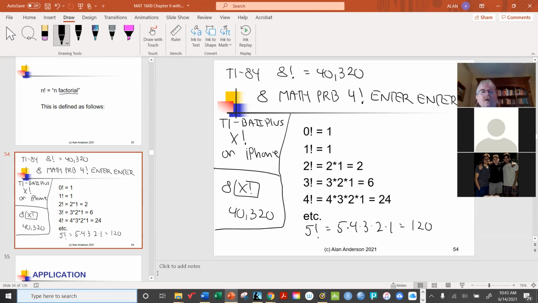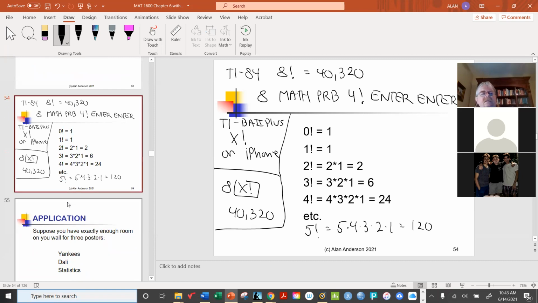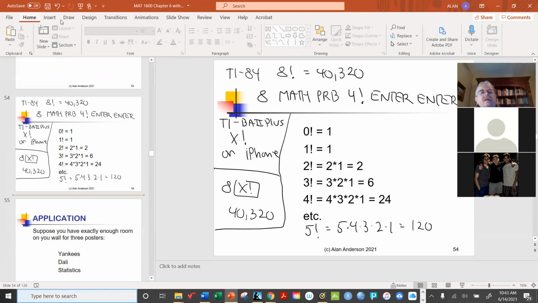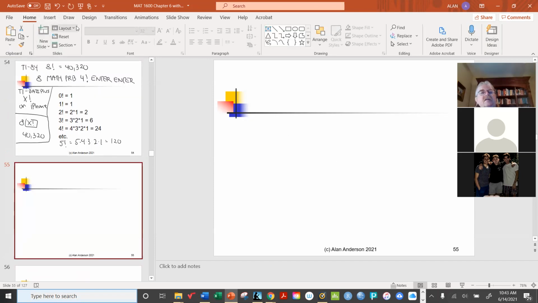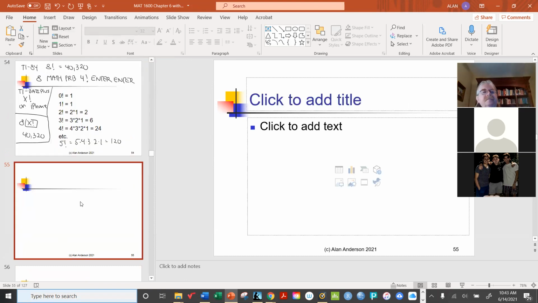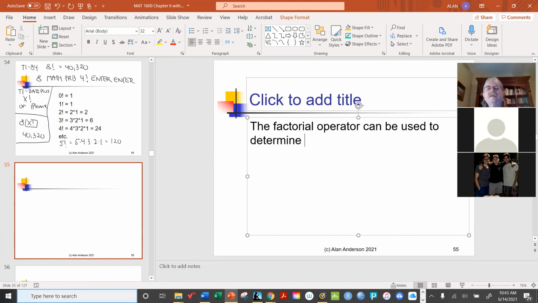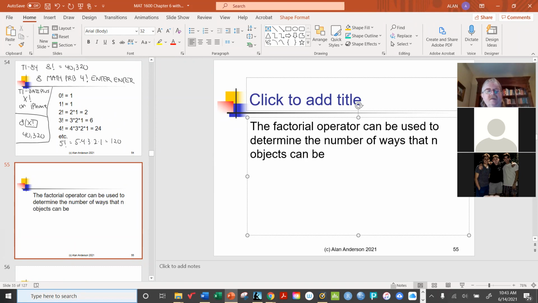So what is it for? All right, well, this number, now, let me add another slide here. The factorial operator, among other things, can be used to determine the number of ways that n objects can be arranged.